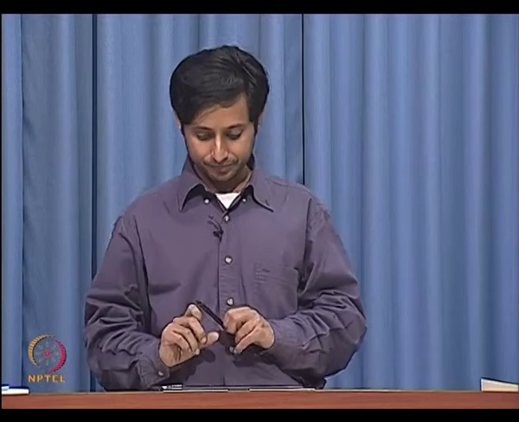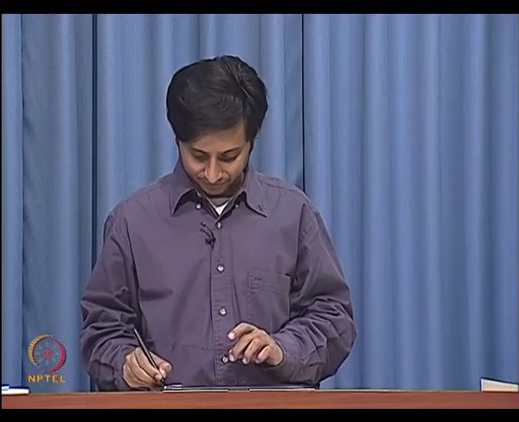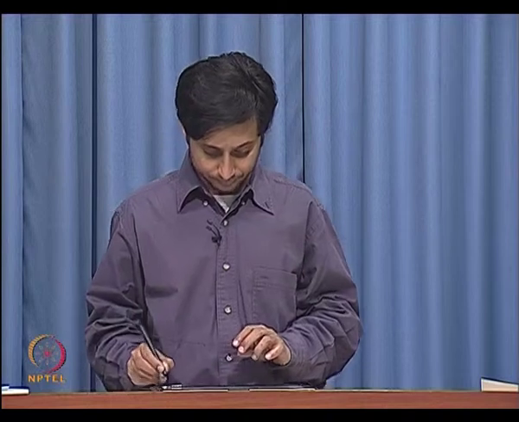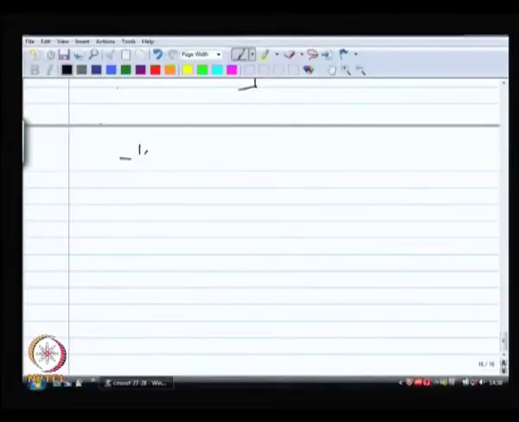I can always make Gm large, I can make Gm large enough to drown out R parallel RDS. Is it possible to do that? Yes, it is possible to do that. What happens in that case? What are you going to see? So, you have got a negative resistor in parallel with some positive resistance, let us call it R prime.